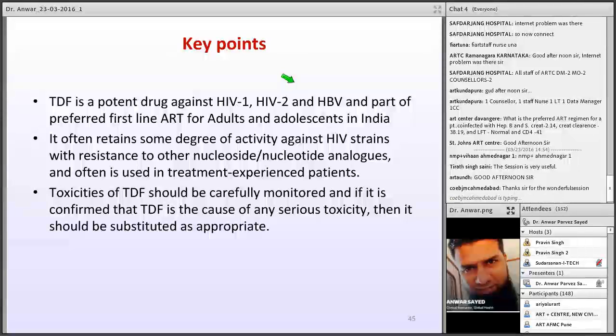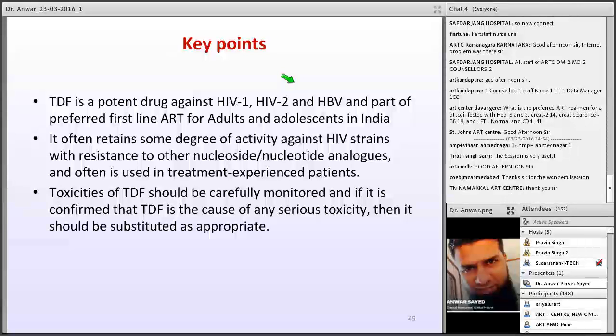What we saw in the last 1 hour is that TDF is a potent drug against HIV-1 and HIV-2 and also hepatitis B, as part of preferred first-line ART for adults and adolescents in India. It often retains some degree of activity against HIV strains with resistance to other nucleoside and nucleotide analogs, and often is used in treatment experienced patients.